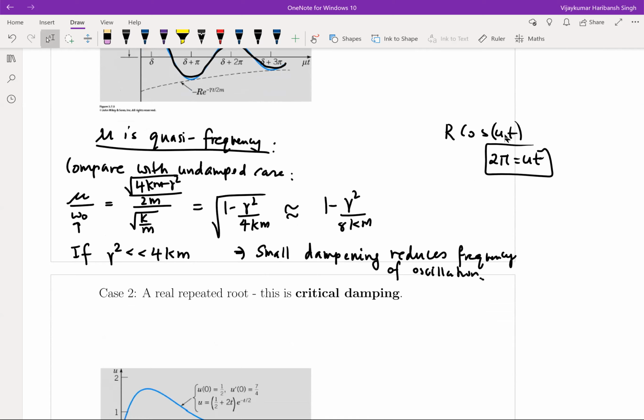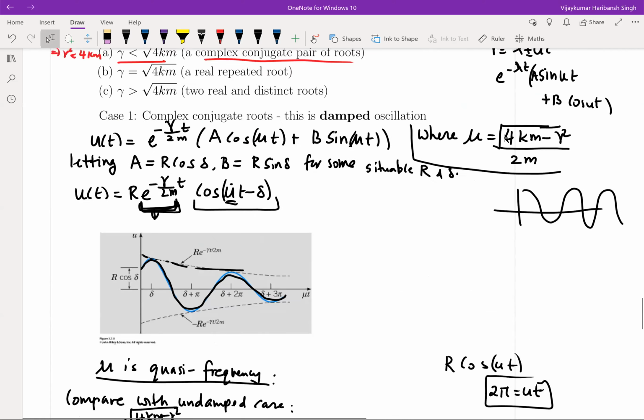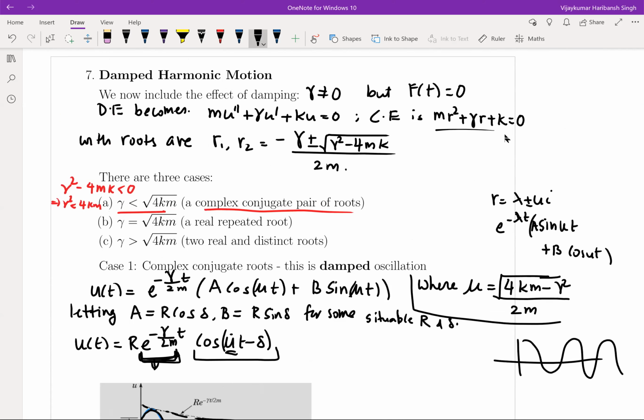Now let's deal with the next case. This was the case when the roots were complex conjugates of each other. Let's consider the next case, when the roots are real and repeated.